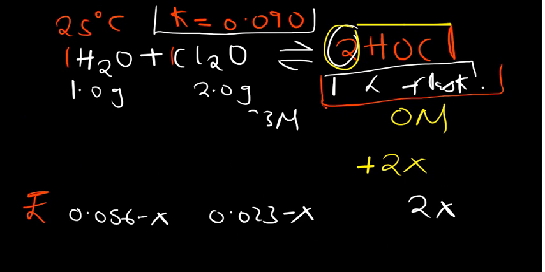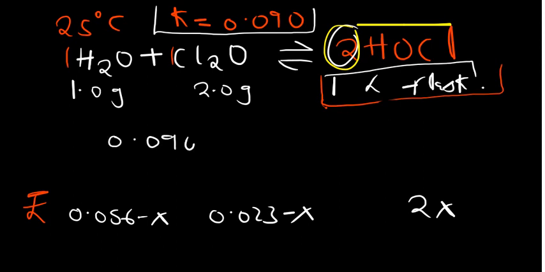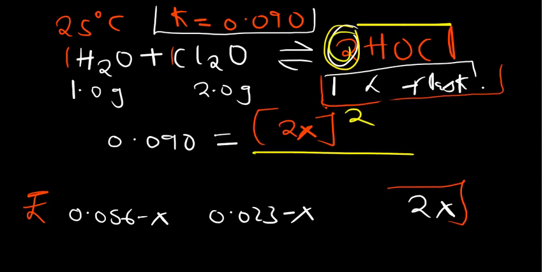So what can we do at this stage? We do know that K is dependent on the equilibrium concentrations. So our K is given to be 0.090. Then we said you need to multiply the products. For our product we only have 1, which has 2x there. It's raised to the stoichiometric coefficient, which is 2, so the power 2, over our reactants, in this case this and this.